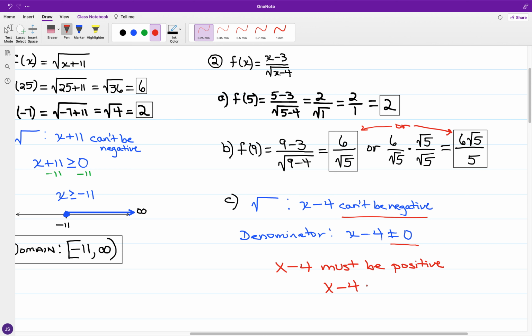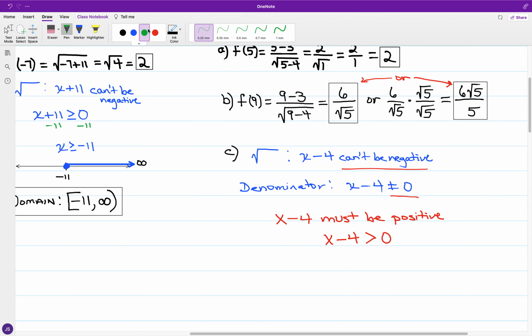So we're going to have, as a comparison to 0 inequality, x minus 4 is greater than 0, and getting x by itself, if I add 4 to both sides, we'll have the domain of this function defined by the inequality x is greater than 4.